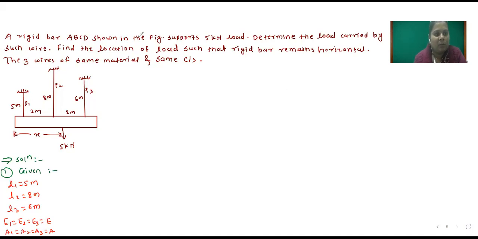Now we will apply our first condition, that is the force condition. What is our force condition?